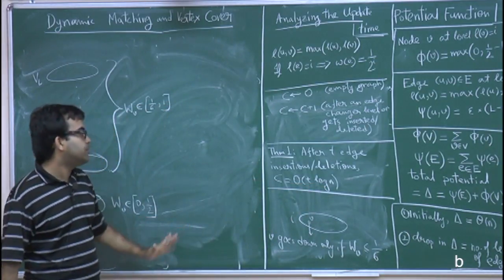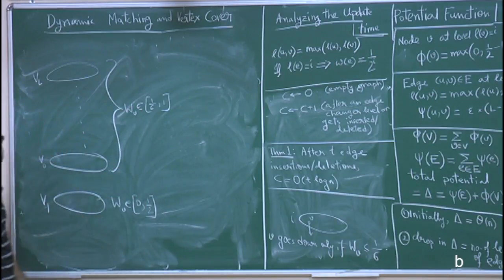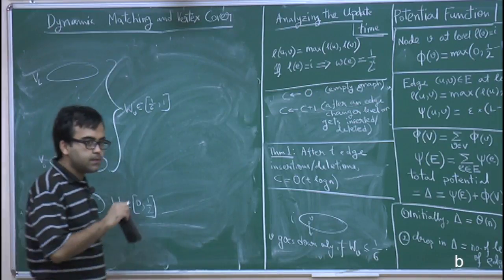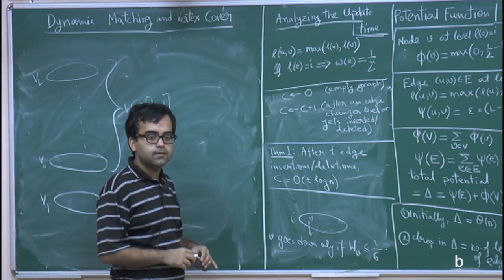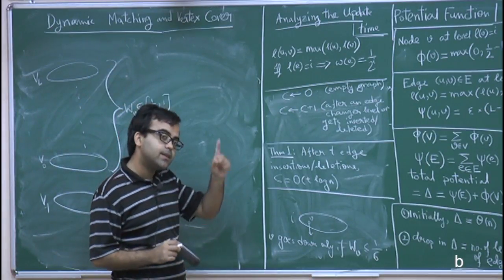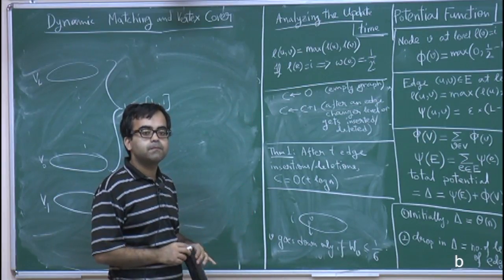However, that is too good to be true, and you can easily come up with examples where this is not going to happen, meaning the level of an edge goes up for some time and then again comes down. It is not difficult to see that in the algorithm this can happen. So, it will come down at most by log n, right? But it can again go up and again come down.